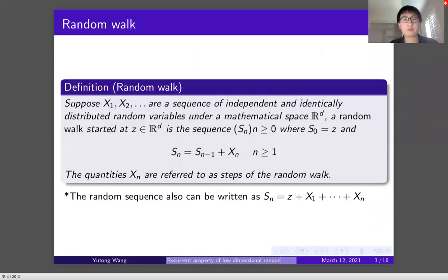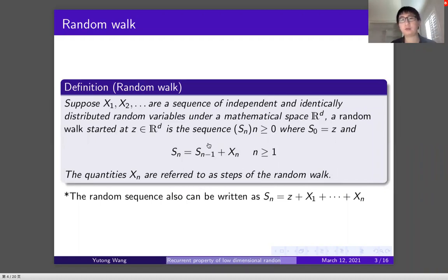Here is the definition of random walk. For X, which is a random variable, Sn is a random sequence that can always be written as Sn equals Sn minus 1, which is the previous term, plus the random variable Xn.